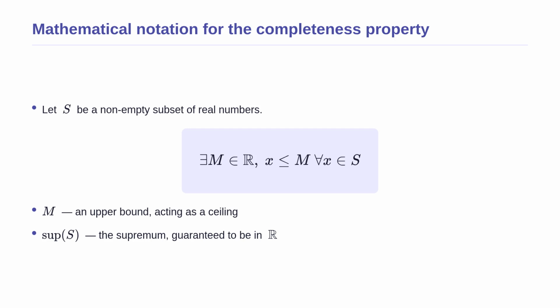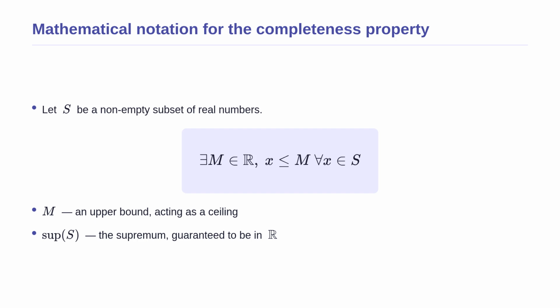Conceptually, this formula simply says that if a group of real numbers has a ceiling, there is always a perfectly exact lowest possible ceiling that belongs to the real number family. Let us break down the symbols. S is a non-empty collection of real numbers. The symbol M represents an upper bound, which is our ceiling.